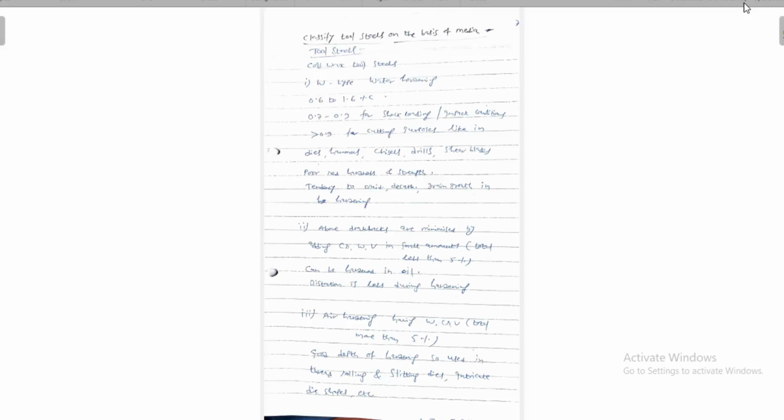These are the overall applications of high carbon steel, but here you may categorize it into two ways.